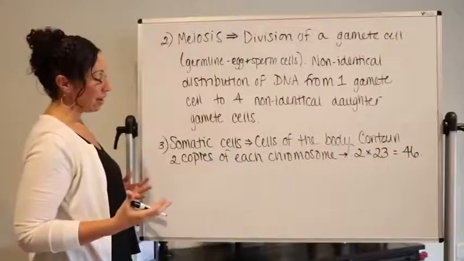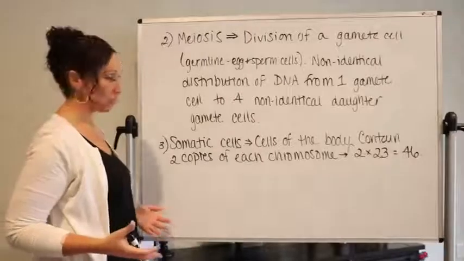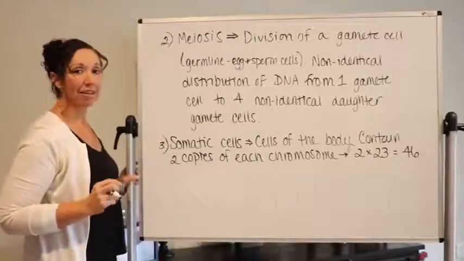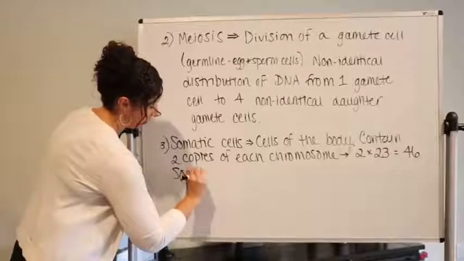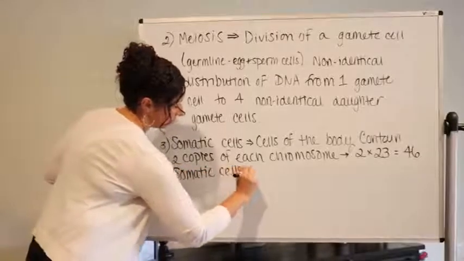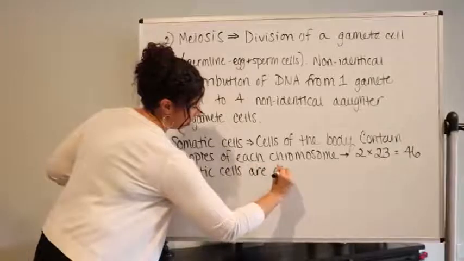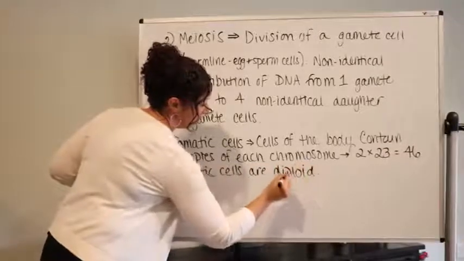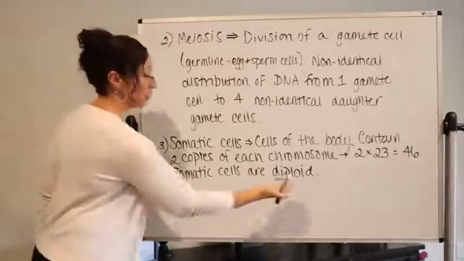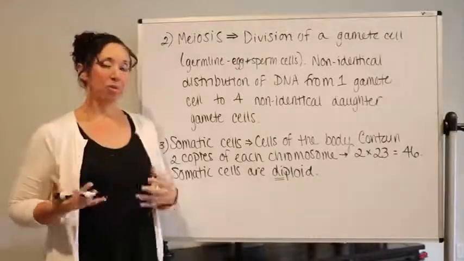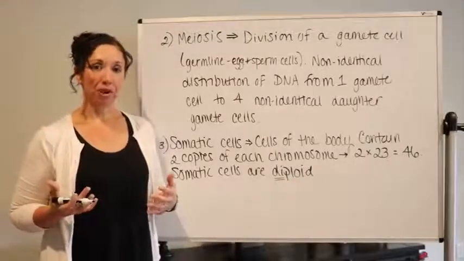And when a cell has 2 copies of chromosomes, we call that cell a diploid cell. So somatic cells are diploid, and here's what that means. That prefix di means 2. Ploid is the sweet little biological term that we use for chromosome count.